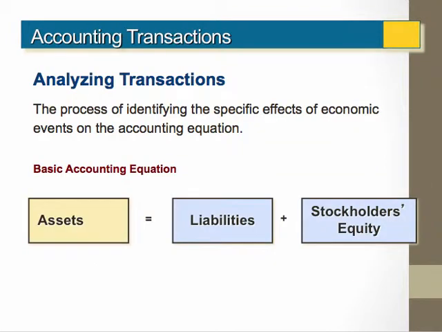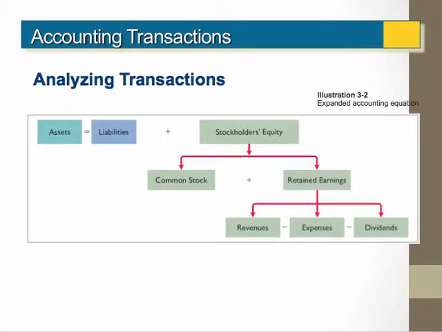So when we look at the accounting equation of assets equal liabilities plus stockholders' equity, we can apply all transactions to these three categories. But we need to take into further account the detail that falls under the stockholders' equity section. Within stockholders' equity, we have common stock and retained earnings.